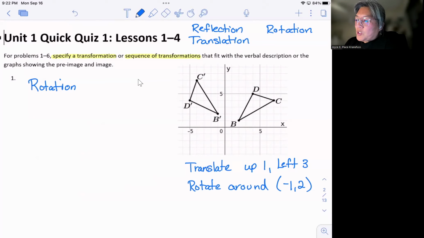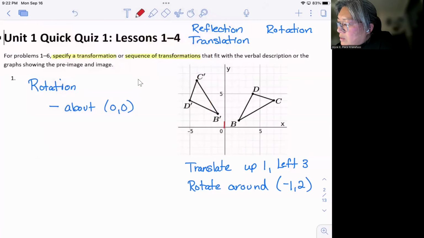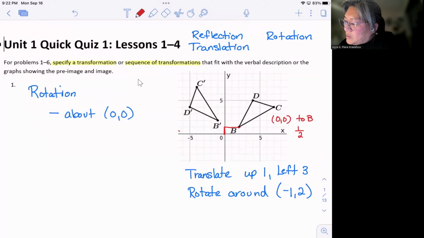If we wanted to get a little more specific, we could go about the point 0, 0. And from there, what we could do is count up 1, right 2, from 0, 0 to B is 1/2, which means from 0, 0 to B prime, we want to go up 2 and left 1.